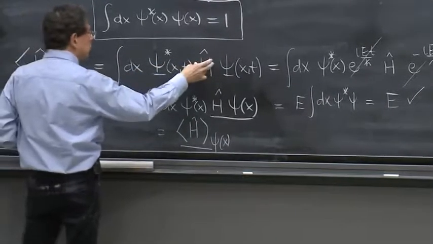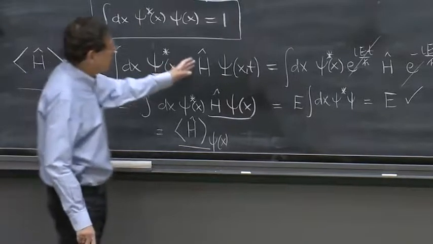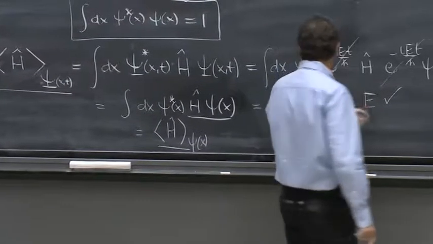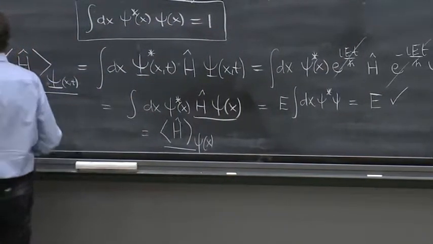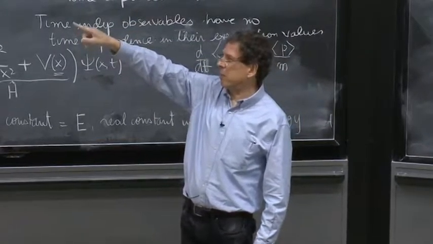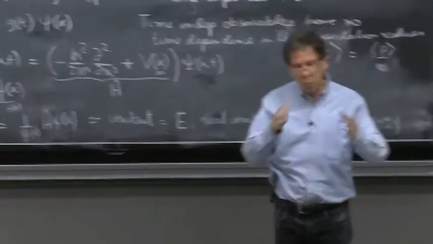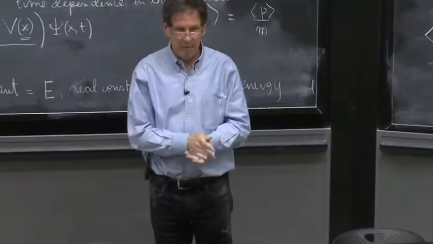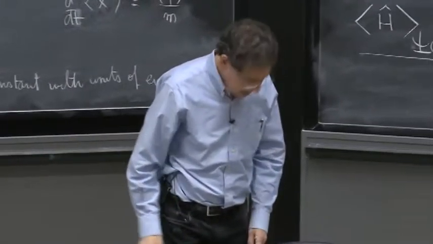If you had an H squared here, it would give you an E squared, and the expectation value of H is equal to E, so the expectation value of H squared minus the expectation value of H squared would be 0. Each one would be equal to E squared. Nothing would happen. No uncertainties whatsoever.